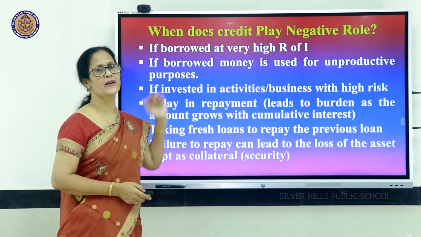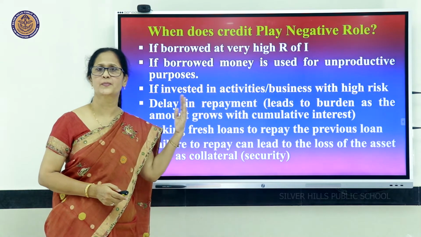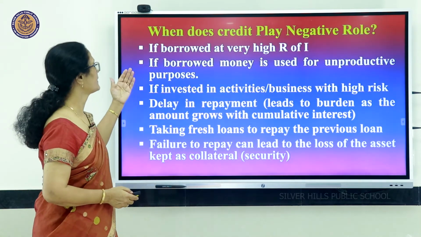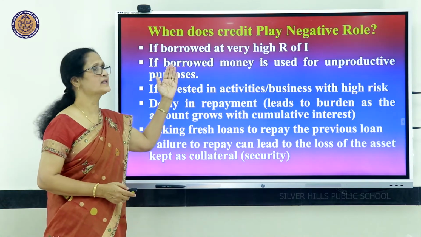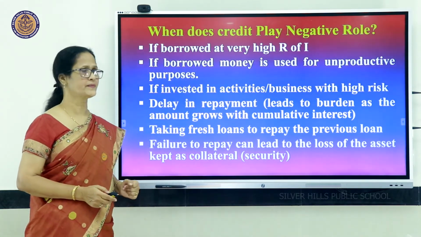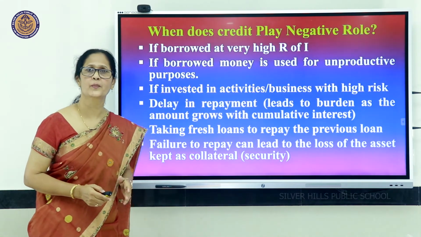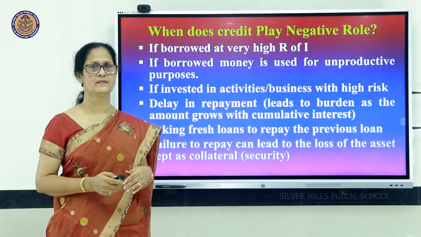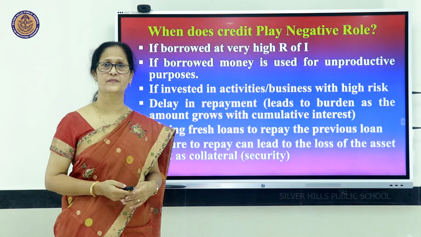When does credit play a negative role? Your next question: when does credit play a negative role? Firstly, if the loan is taken at a very high rate of interest. If borrowed money is used for unproductive purposes like celebrating festivals or marriages.